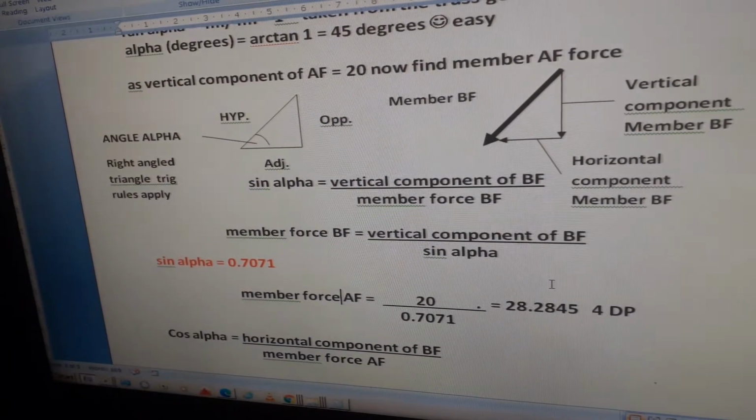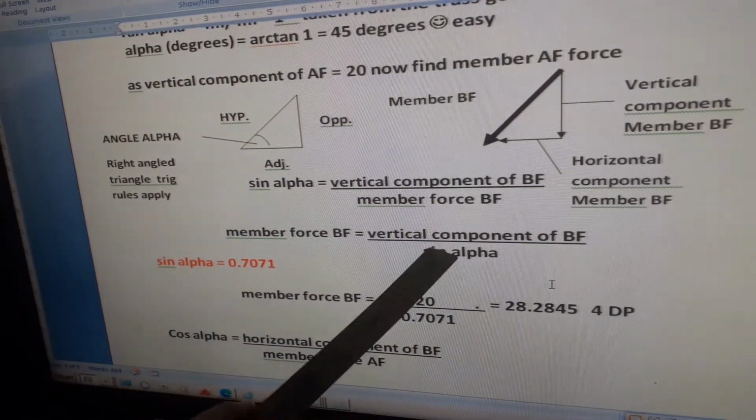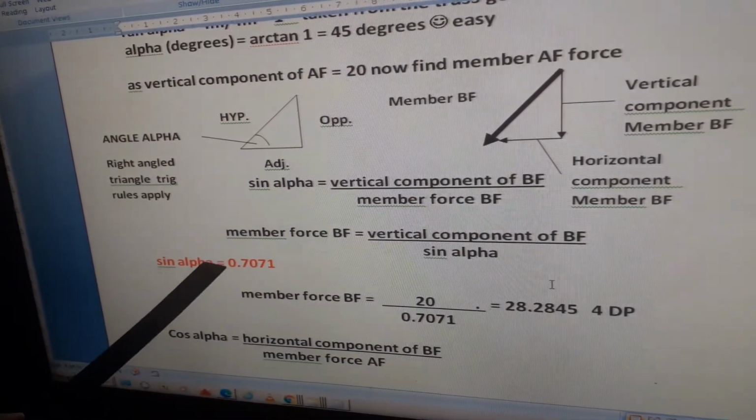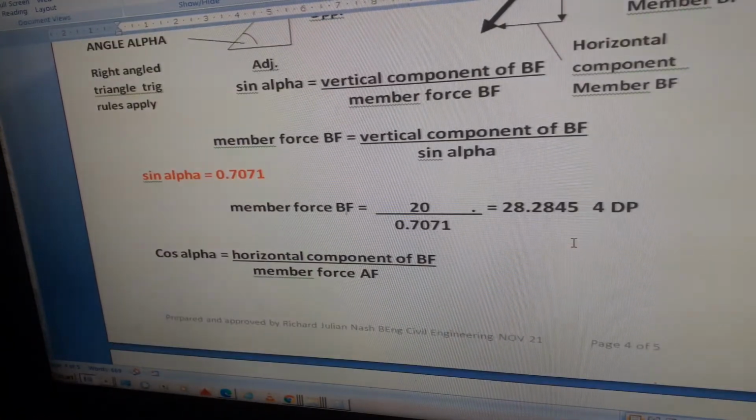So the member force BF equals the vertical component of BF divided by sine alpha. Sine 45 is 0.7071. Member force BF is equal to 20 divided by 0.7071 equals 28.2845, to 4 decimal places.